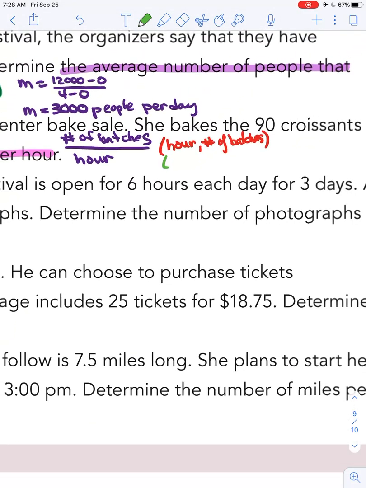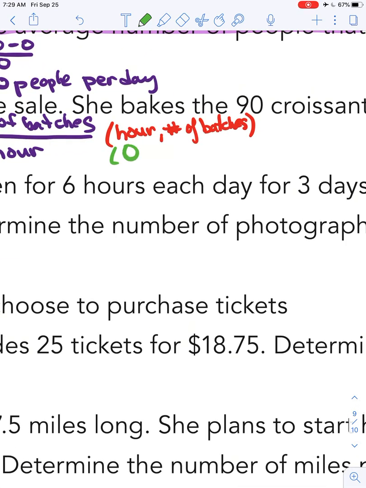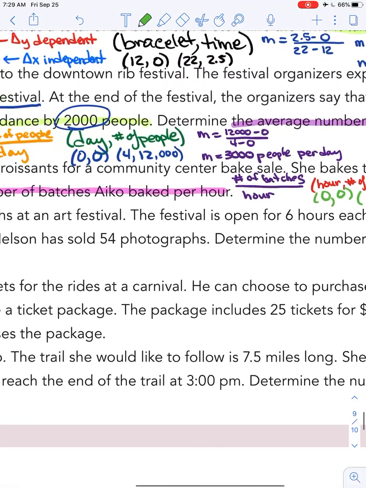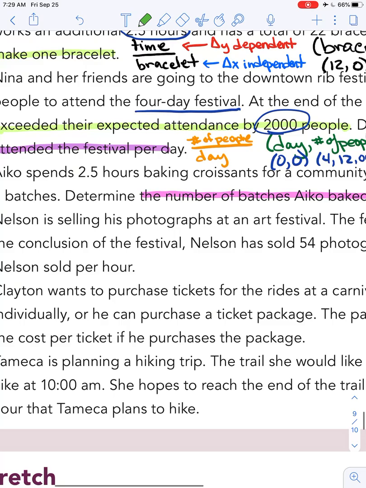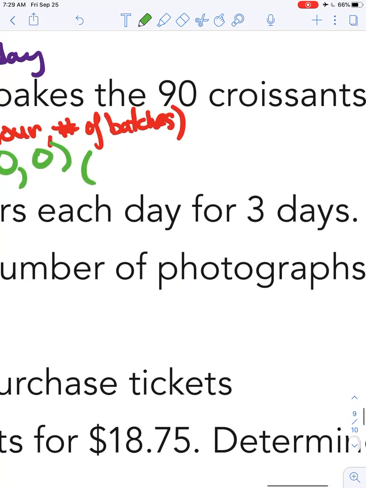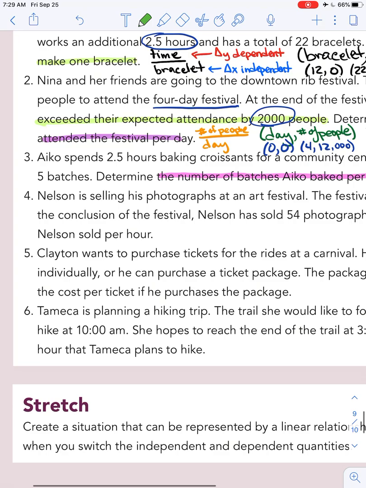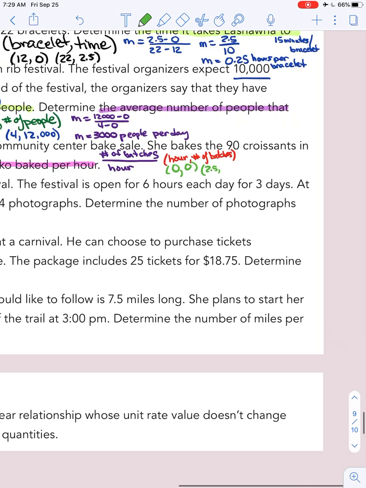So when she starts off, before at hour 0, she has not baked anything, nothing at all. So that means that there are no batches made. Then we look at this and it says she spent 2.5 hours baking. So the number of hours, 2.5. How many batches did she make? Right here, it says 5 batches.